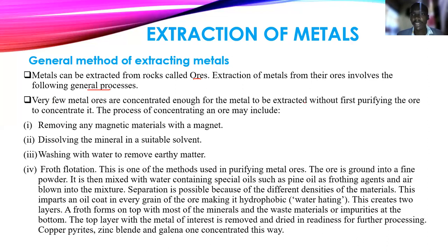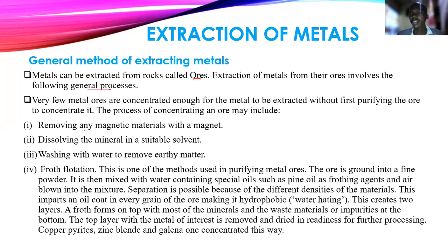Very few are extracted without first purifying the ore to concentrate it. The process of concentration of an ore may include, first, removing the magnetic material using a magnet. We are trying to remove the impurities.